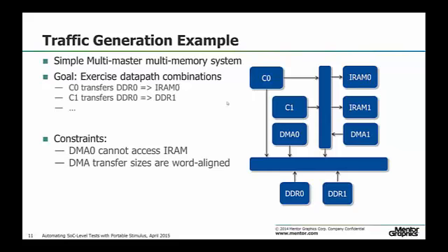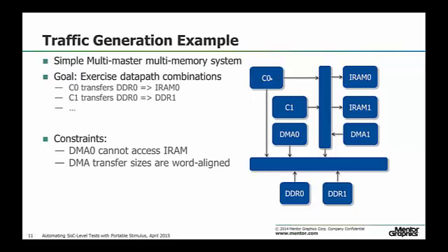One reasonable goal here would be to exercise all the data path combinations. We want to make sure that core 0 can read from both the DDRs and write to all the internal memories and so on. DMA should be able to read from all the memories and so on. We may also be interested in the concurrency aspects.